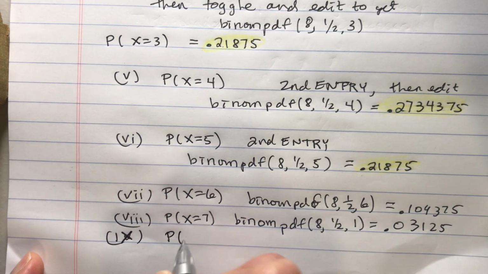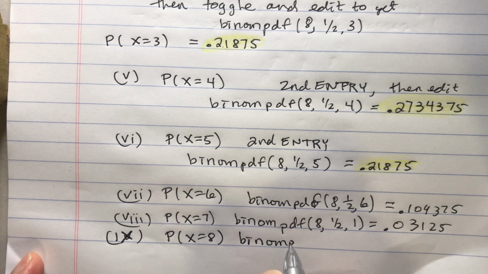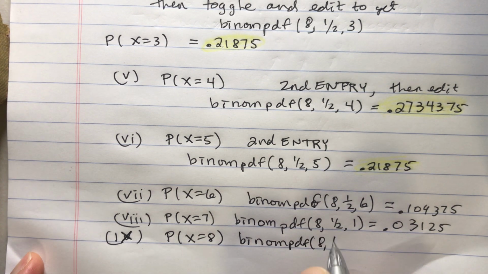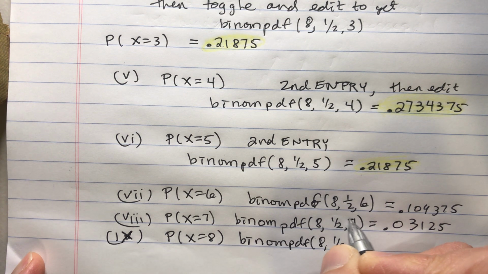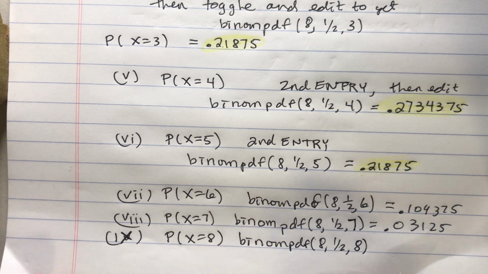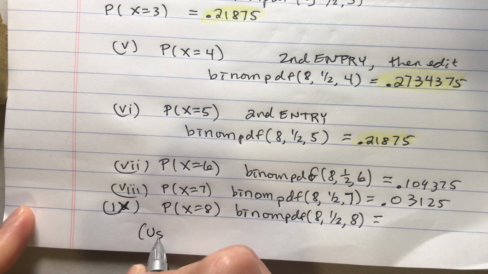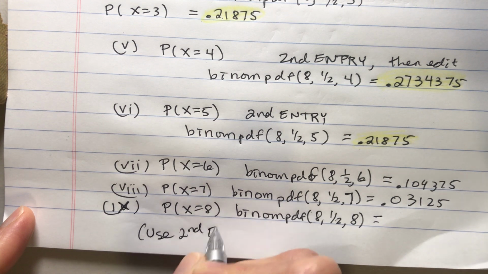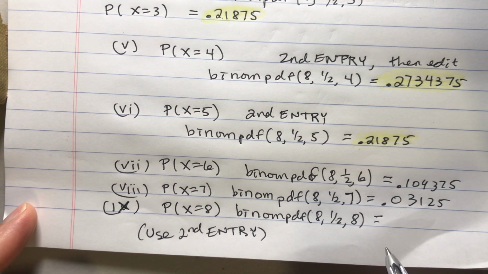All right, probability x equals 8 would be binomial PDF 8 1/2. Sorry, this is supposed to be 7 right here. 8. And I'm always doing the second entry stuff. So use second entry for all of these. Once I do this once, if I want to repeat, I just do second entry.